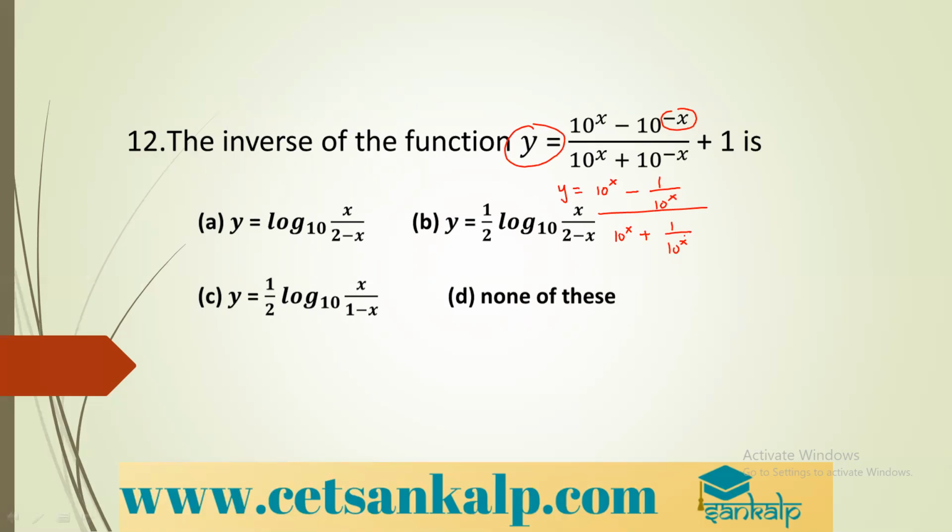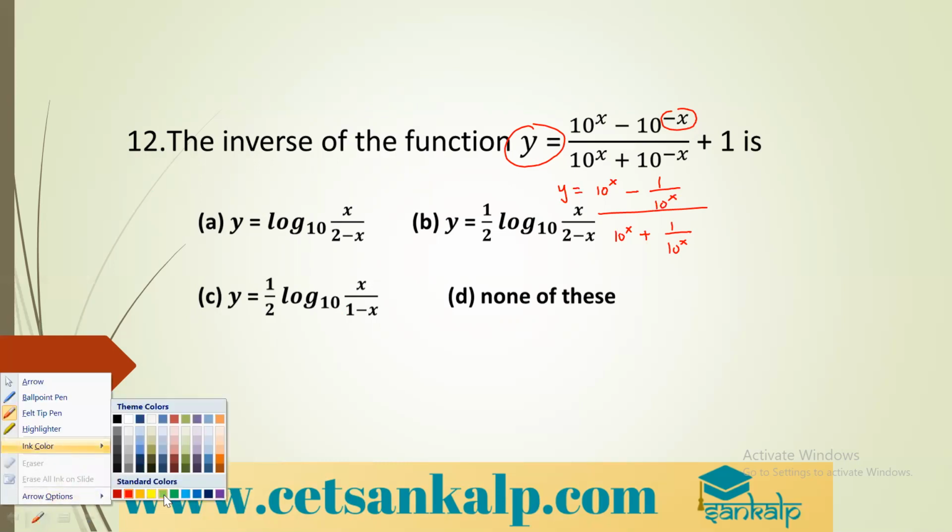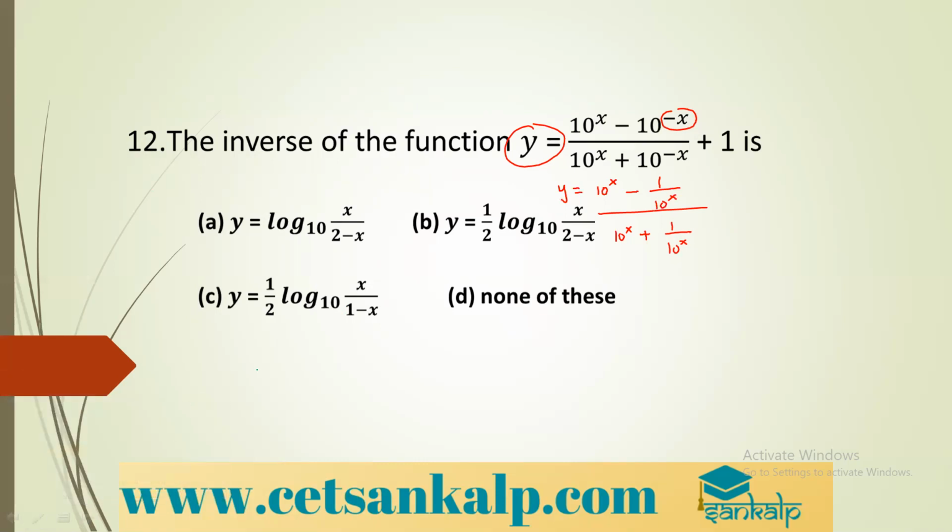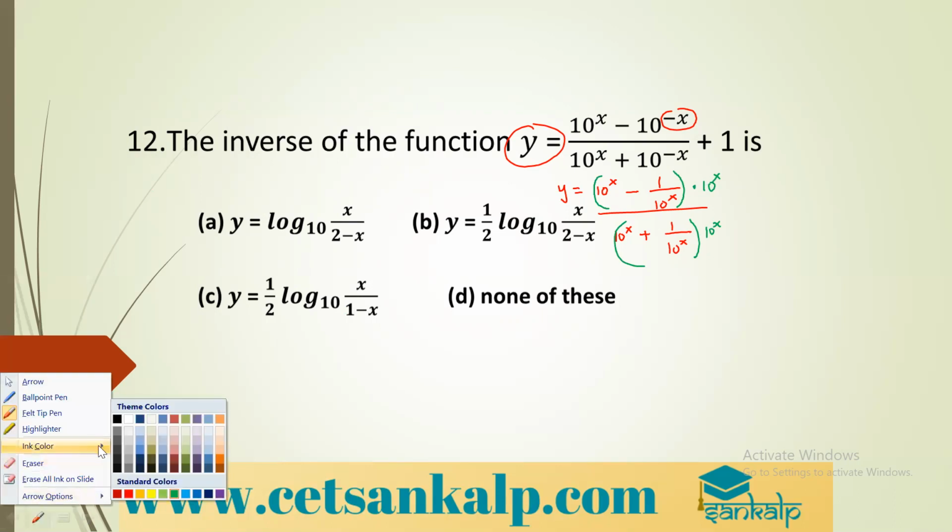Now, there are too many numerators, too many denominators. To make it into a single, easier fraction, I have to remove the denominator. To remove the denominator, I will multiply 10 power x up and 10 power x down, because my main aim is to remove the denominator.